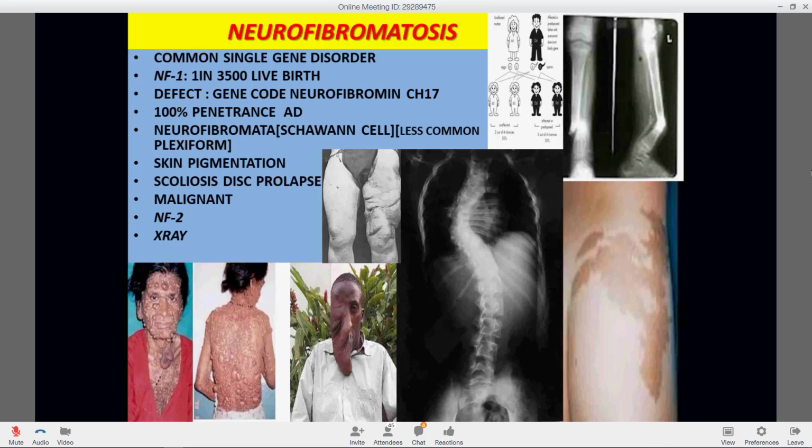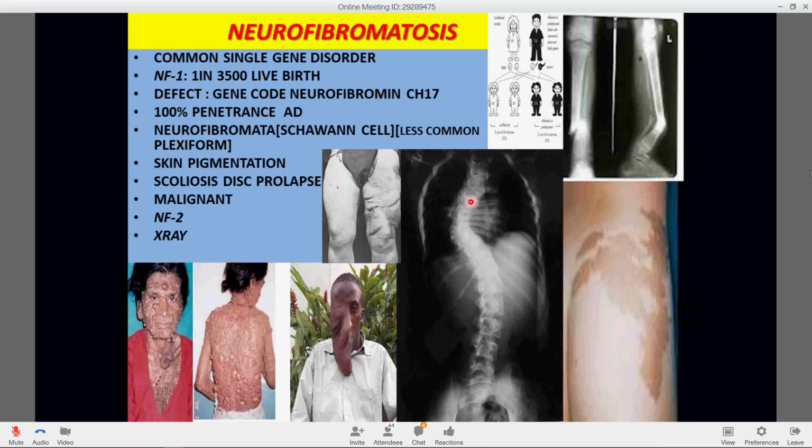Neurofibroma, a Schwann cell tumor, is less common; you can see this here. Multiple tumor-like lesions involve the skin, and this is the plexiform type with skin pigmentation. Usually the patient will have scoliosis.